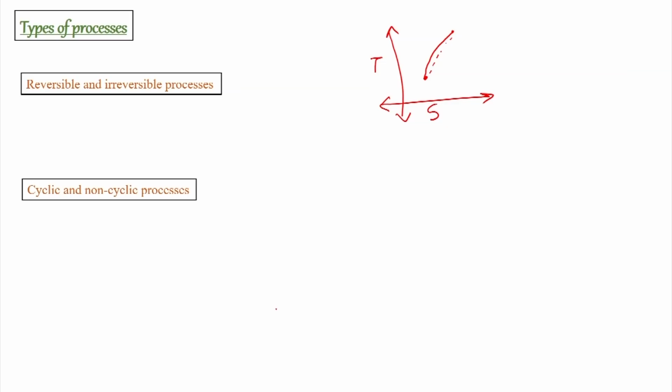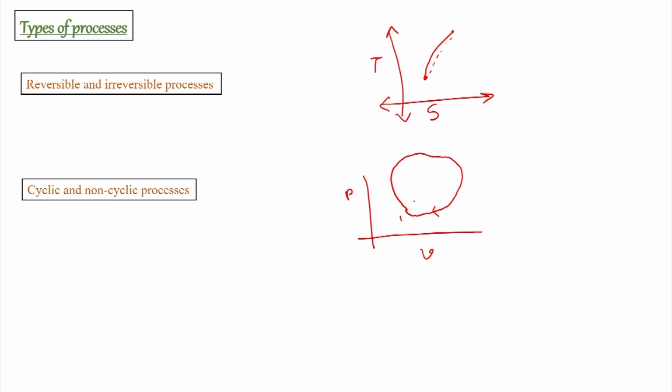Then we have cyclic or non-cyclic processes. In a cyclic process, suppose we take a PV diagram and the system is at state 1, which has a certain pressure and temperature. The system has undergone multiple changes and has come back to the original or initial pressure and temperature.